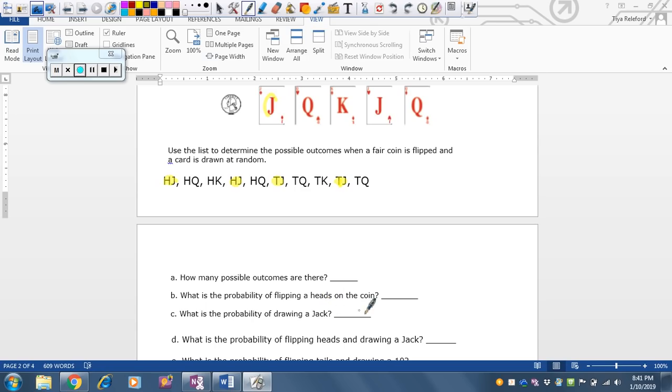So probability of getting a jack, if jack's what we want, how many do we have? 1, 2, 3, 4. So 4 goes on top, and your total is what? Yeah, your total's still 10. That's what you have all together. Now you need to simplify, divide them both by 2.